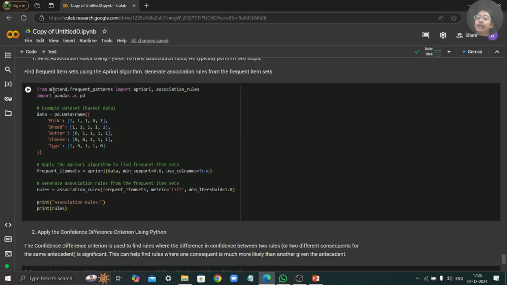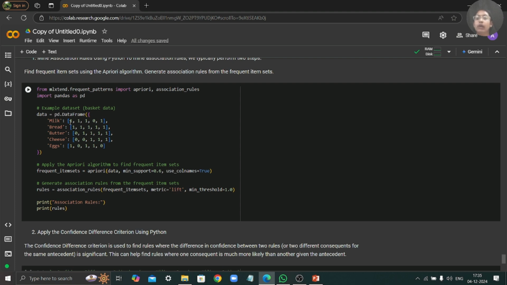From mlxtend.frequent_patterns, we are importing apriori and association_rules. Then we are importing the pandas package as pd. We have this data set, and then we apply the Apriori algorithm to find frequent item sets.